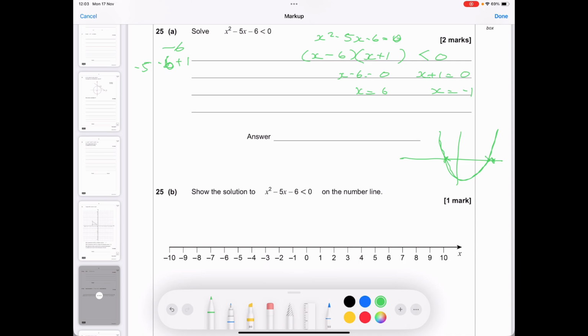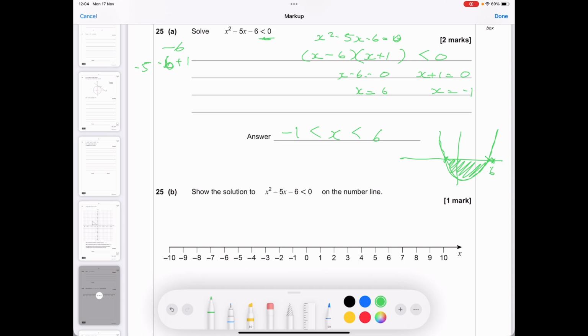Now, sorry, that's meant to be 6. So this now means it's all the space under here that is what we consider. So when x is between 6 and minus 1, that is when it is under 0.